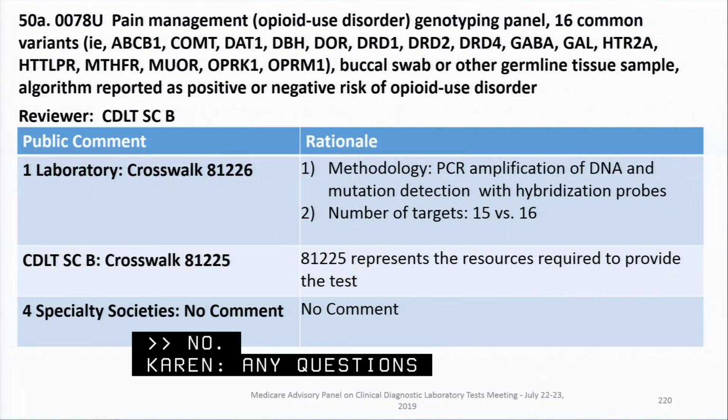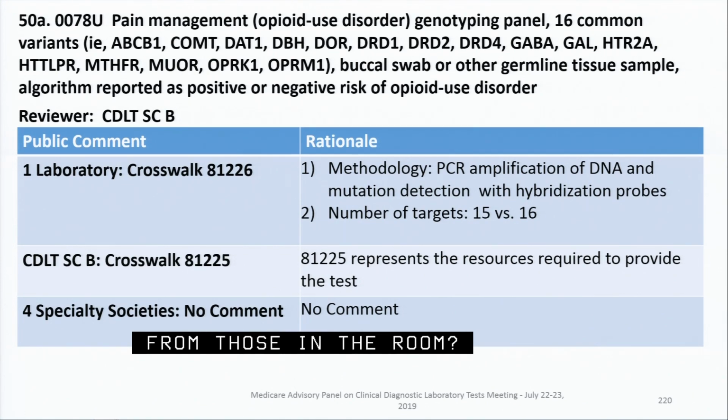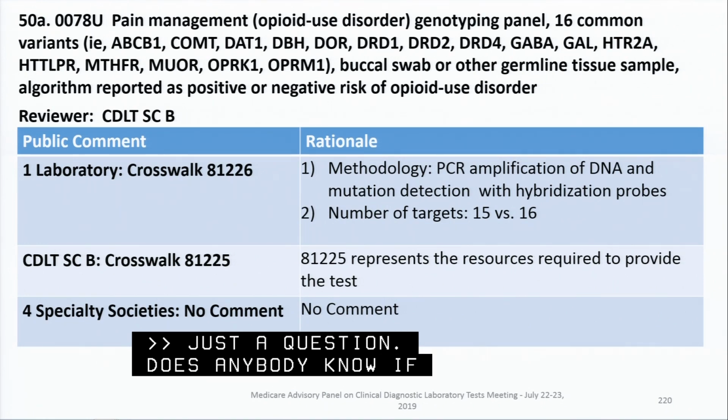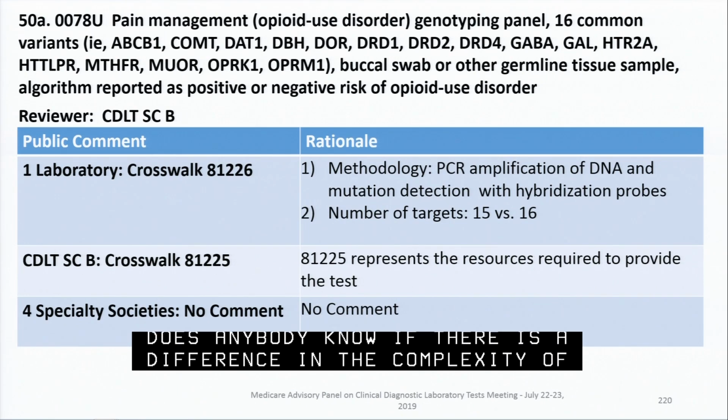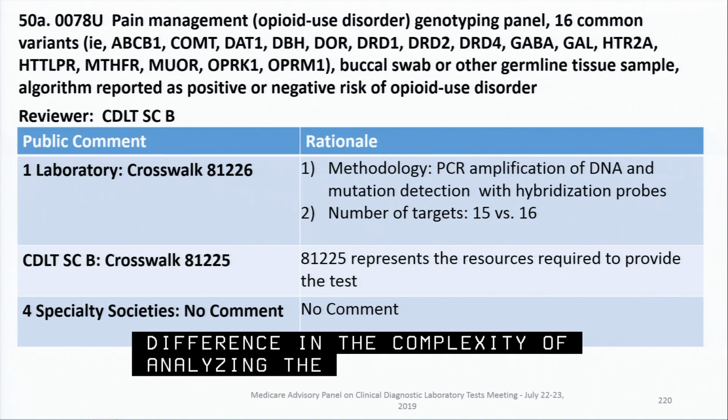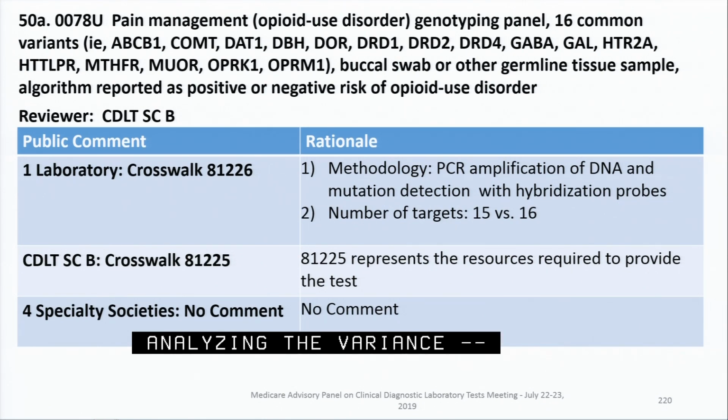Dr. Schoonmaker? Yeah, just a question. Does anybody know if there's a difference in the complexity of analyzing the variants for CYP2C19 versus 2D6? Dr. Lyon?